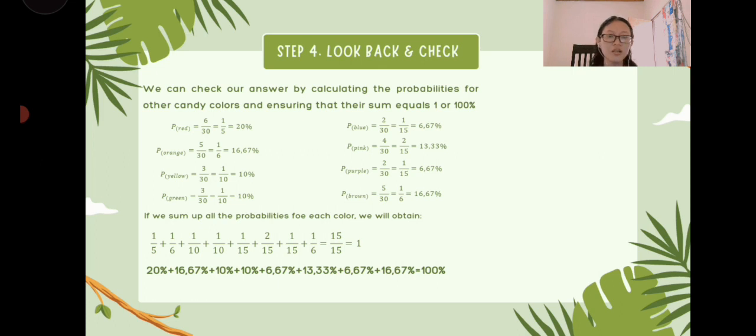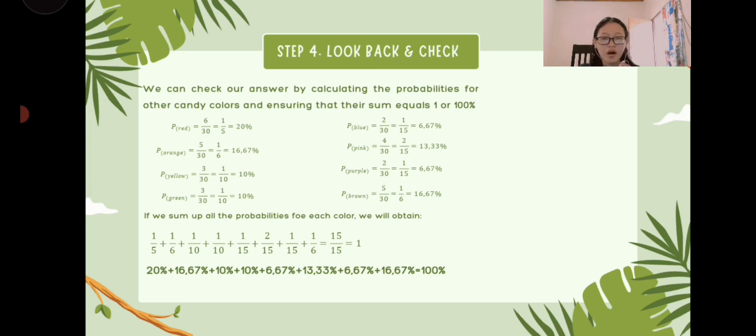For example, the probability of choosing an orange candy is 1 divided by 6 or 16.67%. The probability for a yellow candy is 10%. The probability for a green candy is 10%. The probability for a blue candy is 6.67%.